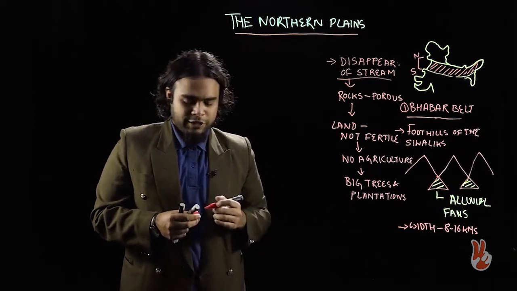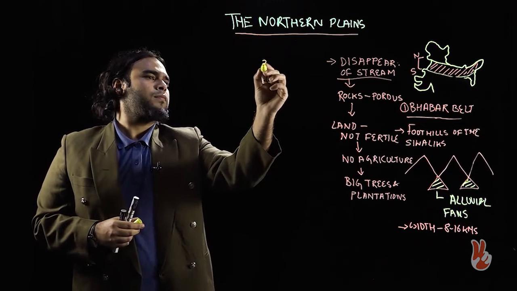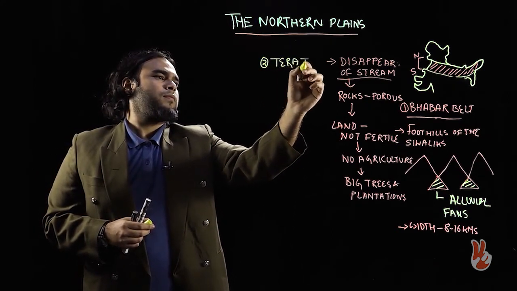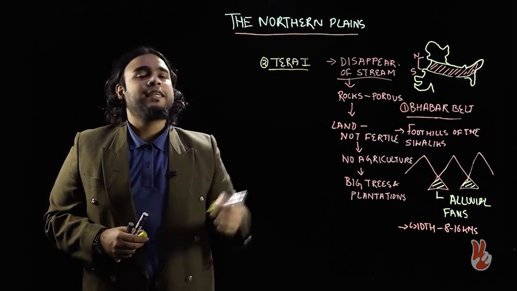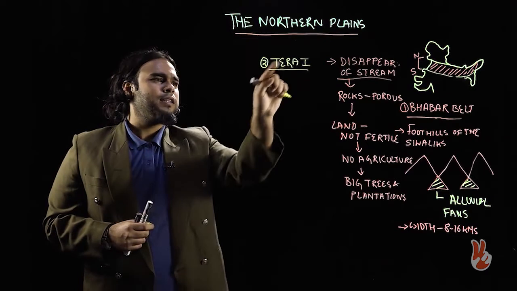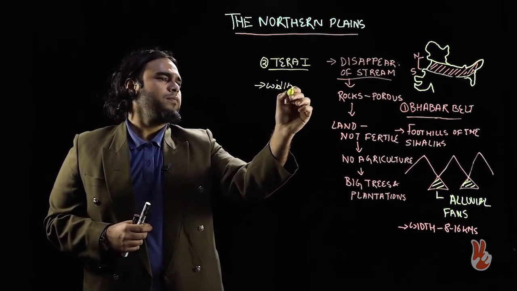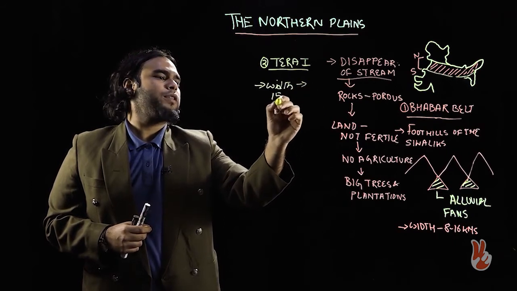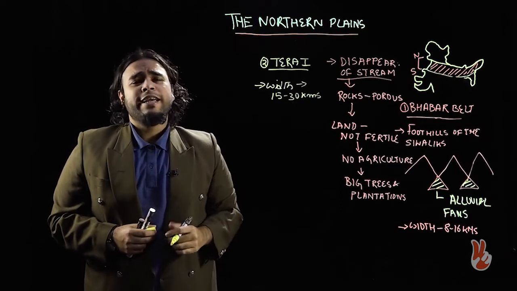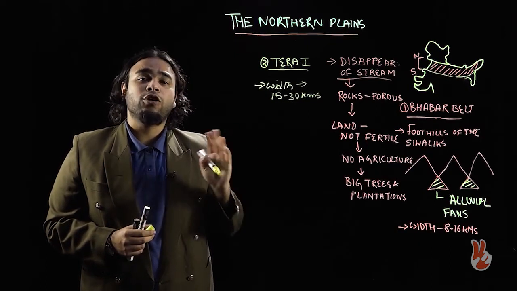Your next classification is your Terai belt. This Terai belt is to the south of the Bhabar belt. This Terai belt has a width of 15 to 30 kilometers. Like in case of the Bhabar belt, there was disappearance of your rivers or streams, right?